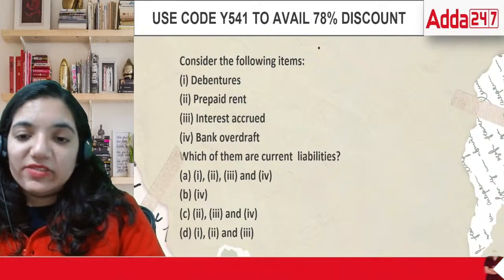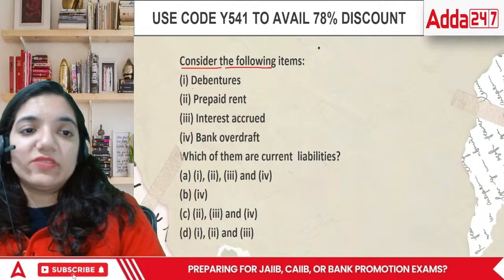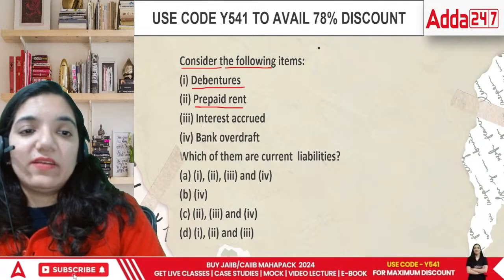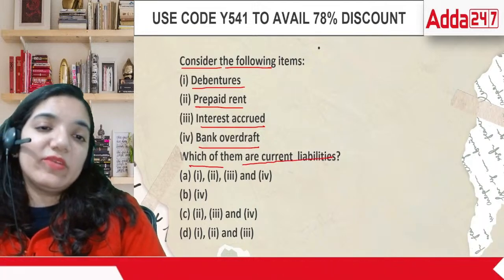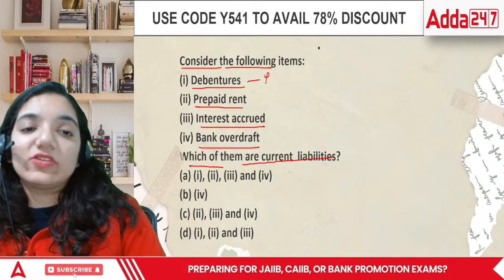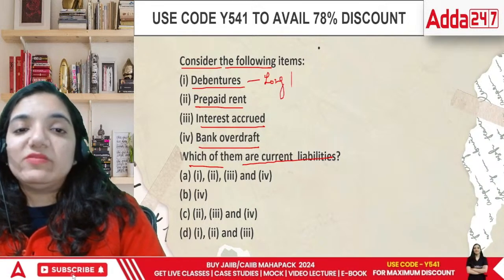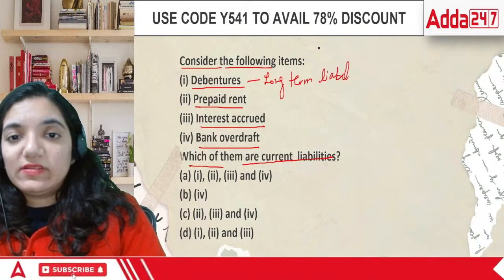Okay. Here comes the next question. It says, consider the following items: debentures, prepaid rent, interest accrued, or bank OD. Which of the following are current liabilities? When we talk about debentures, it's a long-term liability. Liabilities means the funds that we owe to others.